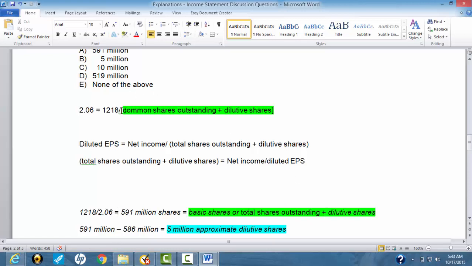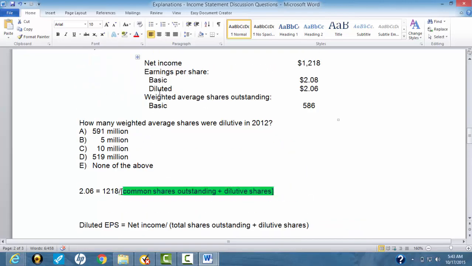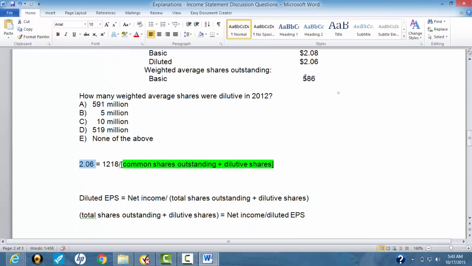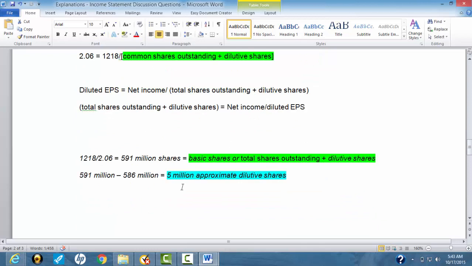When the denominator is 591, 1218 divided by 591 gives us the diluted EPS, which is 2.06. If that is the case, and we know that the basic common shares outstanding is 586, then we can determine the dilutive shares by simply subtracting 586 from 591 million. And the dilutive shares are approximately 5 million.